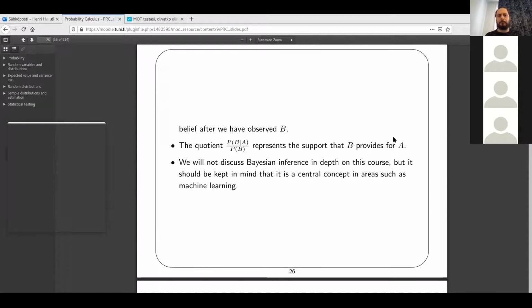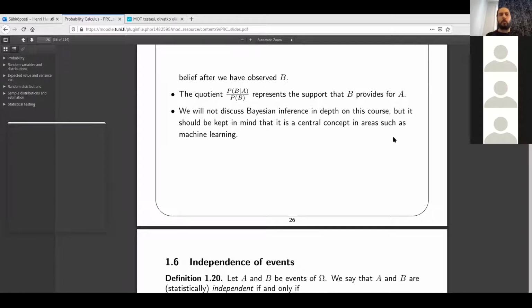So if you think about the quotient P(B|A) divided by P(B), that's the kind of support that this B event provides for A. If the probability of B is high to begin with, and the probability of B on condition of A actually being true is small, then observing B makes you think that A is probably not very likely.